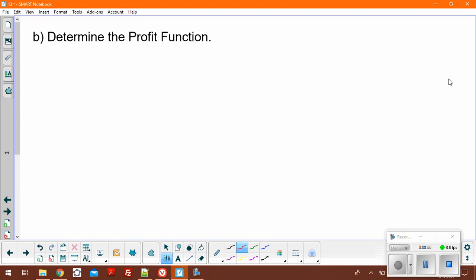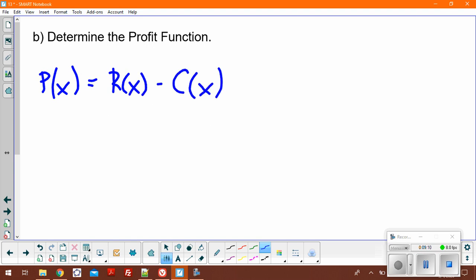Now we're going to create a profit function. So P of x is equal to the revenue function, R of x, minus the cost function. The revenue function from the definition is x times P of x.